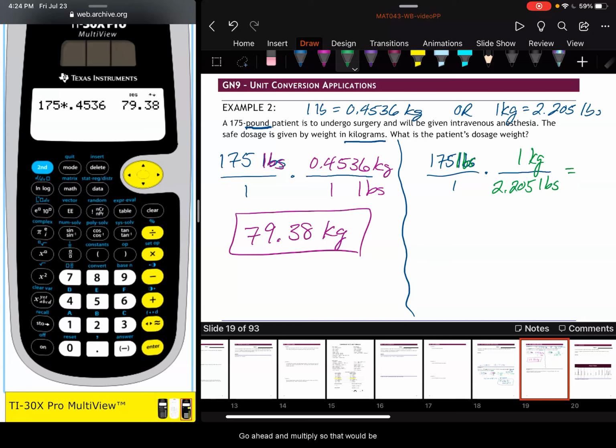Go ahead and multiply, so that would be 175 over 2.205. Our answer is going to be in kilograms.